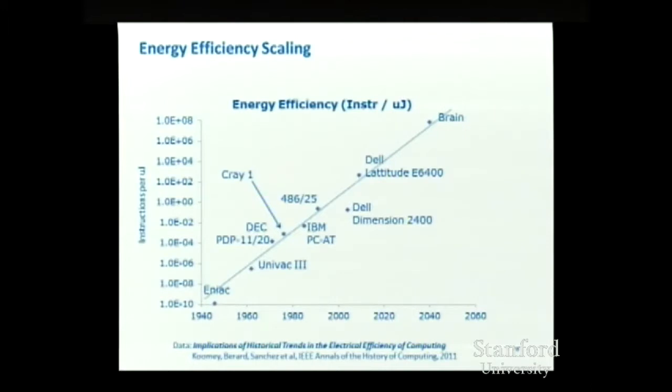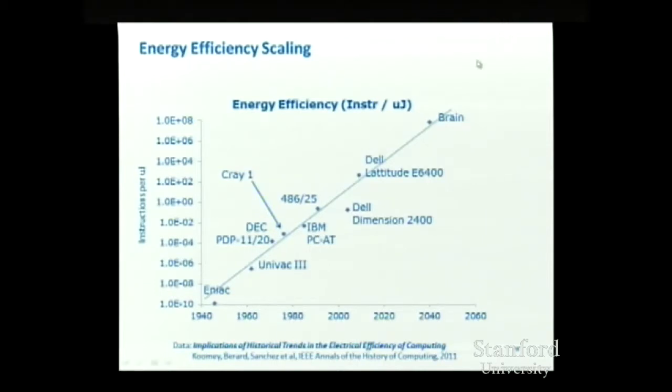The horizontal axis has time in decades, but in this case, the vertical axis, instead of being number of transistors we can put on a chip or in a certain area, is number of instructions we can execute per microjoule. So this is a plot of energy efficiency. And if you compare, say, ENIAC to a 2009 laptop, there's been a factor of about 1 trillion improvement in energy efficiency. And that is what is enabling these far field, low power applications that I'm going to show you.